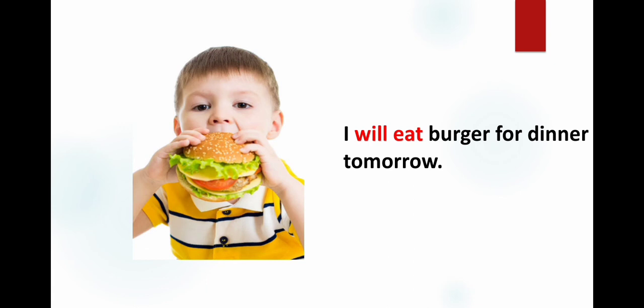I will eat burger for dinner tomorrow is in future tense. So we see that future tense is used to show that an action will take place sometime later than now. Children, please remember that future tense employs the helping verb will or shall with the base form of the verb.